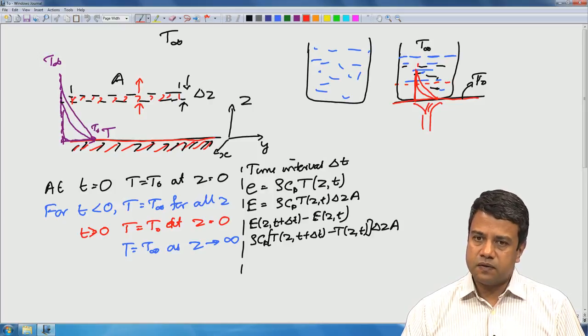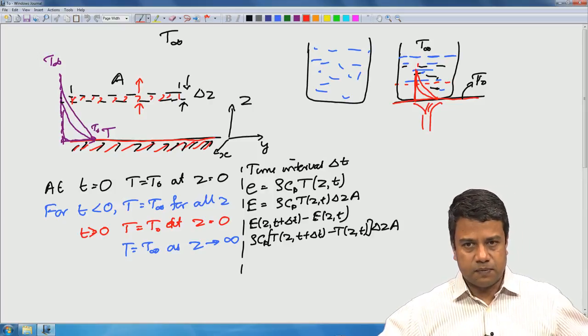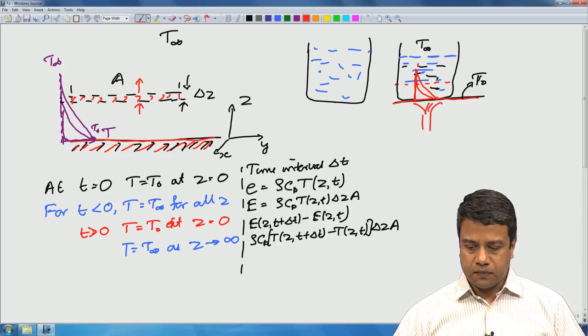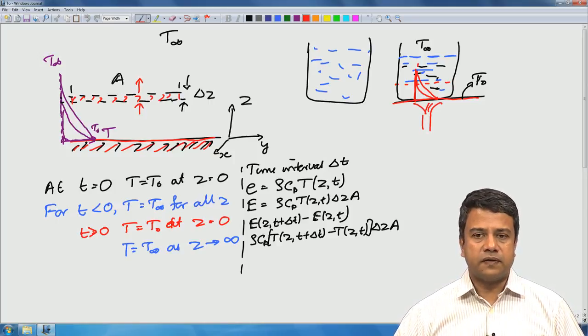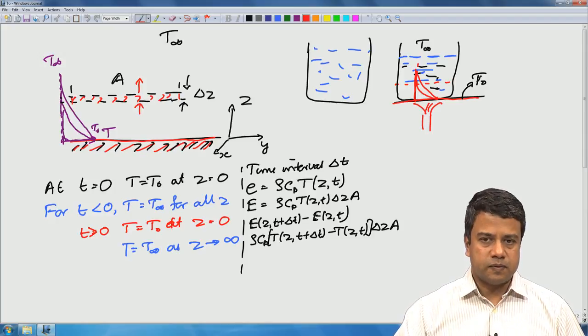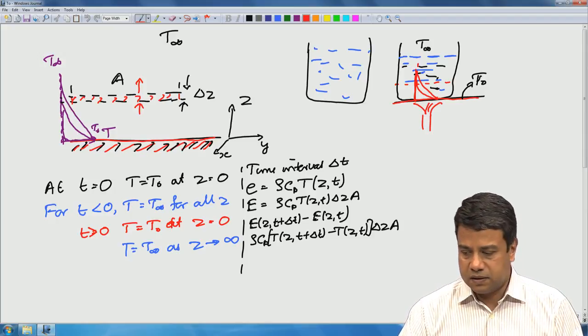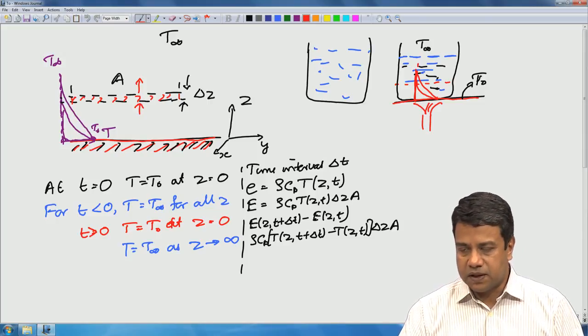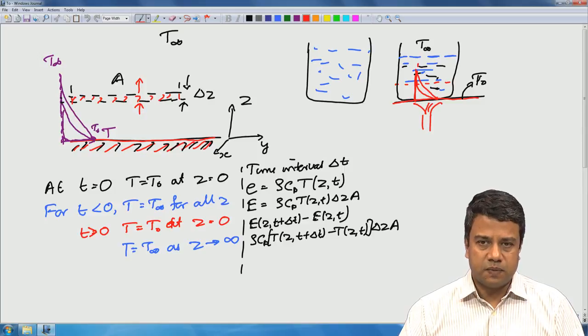We had considered the fluid to be infinite in the xy plane, and also infinite in the perpendicular z direction. I told you that this is an idealization of a system where you have a container of fluid placed on a heat source.